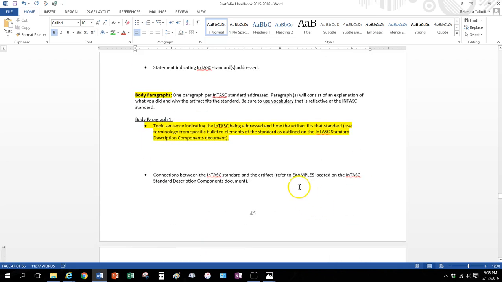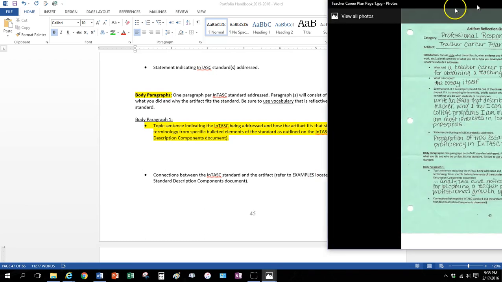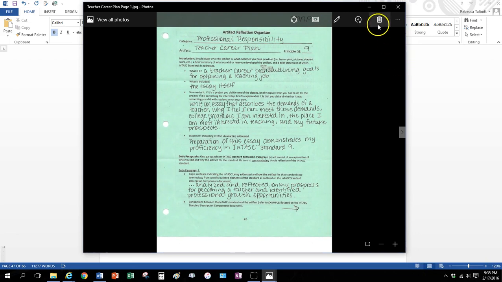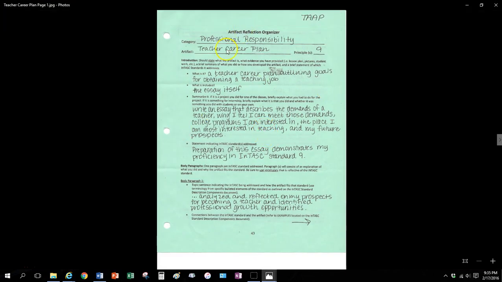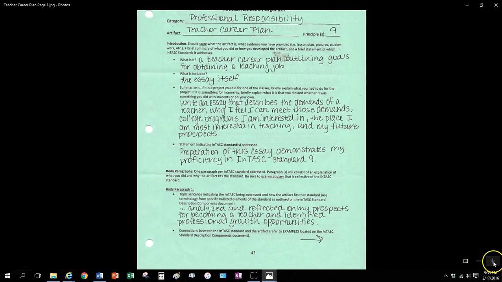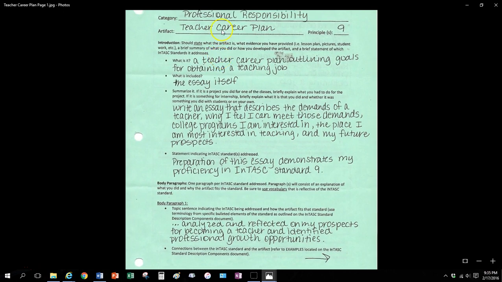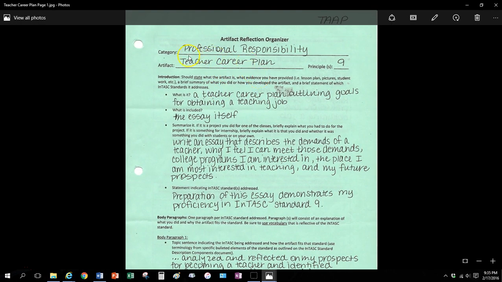Now I'm going to show you an example of a completed one to help you figure out how to do this. Usually this is the first one that you write as a part of the program. You'll see on the screen a snapshot of one that I've written. This one is for the teacher career plan, which is something that we write in the 10th grade year.